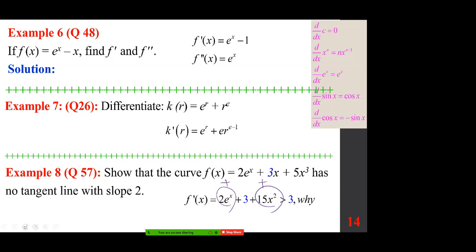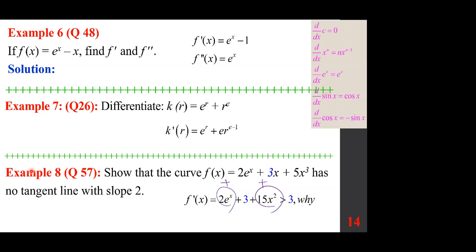Because of x squared. Therefore, this expression will always be larger than number 3. And that, therefore, tells us that we can't have a slope of a tangent line equal to 2. I hope everybody is okay with that. Okay, class. So that should take care of the business.